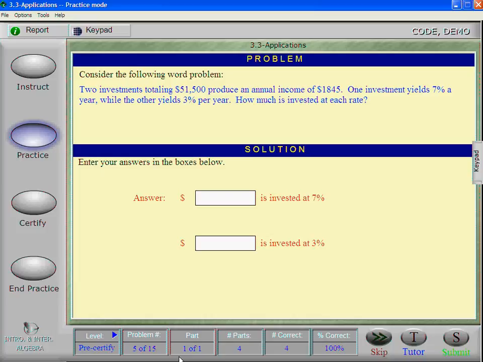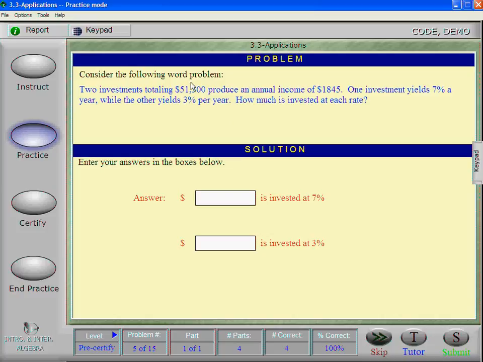What makes this problem a little bit challenging is that you have kind of a system of equations going on, and we haven't talked about systems of equations. So I think what they're hoping is that you'll recognize that if I had two letters, one investment at 7% a year, you'd call that an X dollar investment, and then another chunk was Y, and that was at 3%.